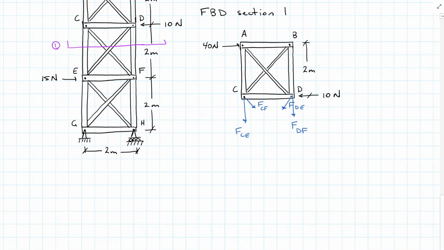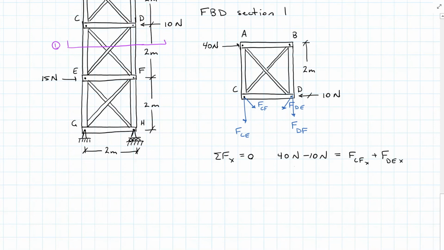My free body diagram, section 1: if I sum forces in the X direction, which again is where my diagonals are concerned, I have 40 newtons minus 10 newtons, and that needs to be what force CF in the X direction and force DE in the X direction equal.